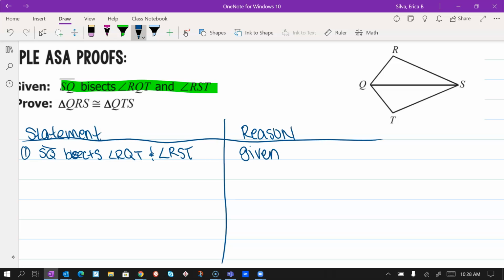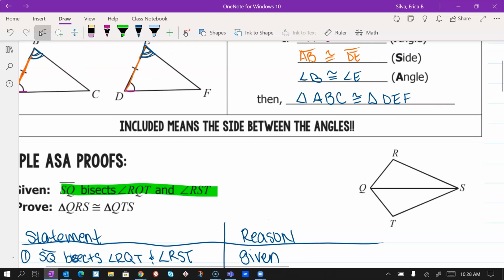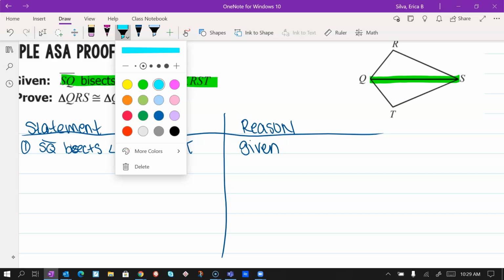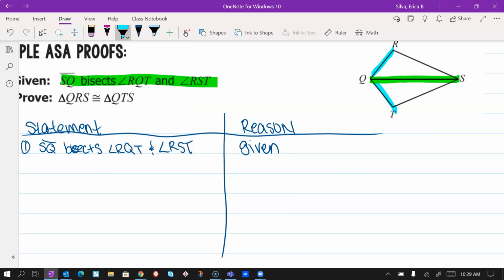Now let's apply that given information to our image. So we're saying that this segment right here is bisecting this angle and this angle. So when it bisects, what does that mean? It cuts it into two equal parts, right?